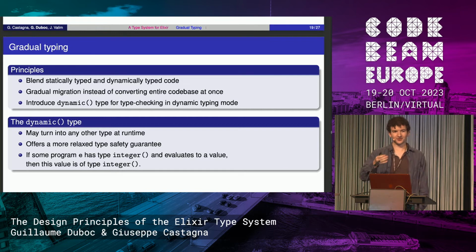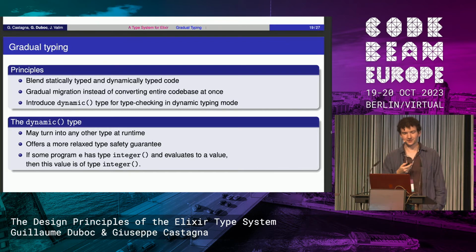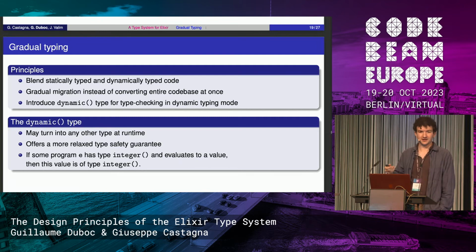Because no one has bothered to write type annotations for Elixir, because it hadn't been invented yet, if static typing is brought to Elixir, we'll have to go from zero typing in the way I showed you, to a lot of types potentially.